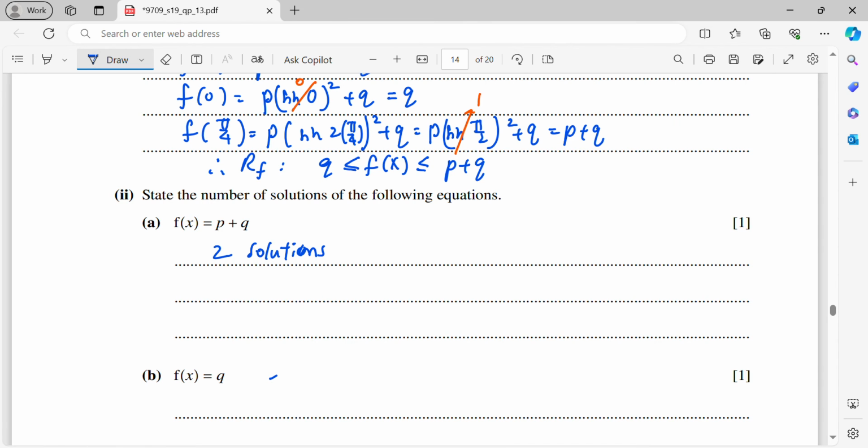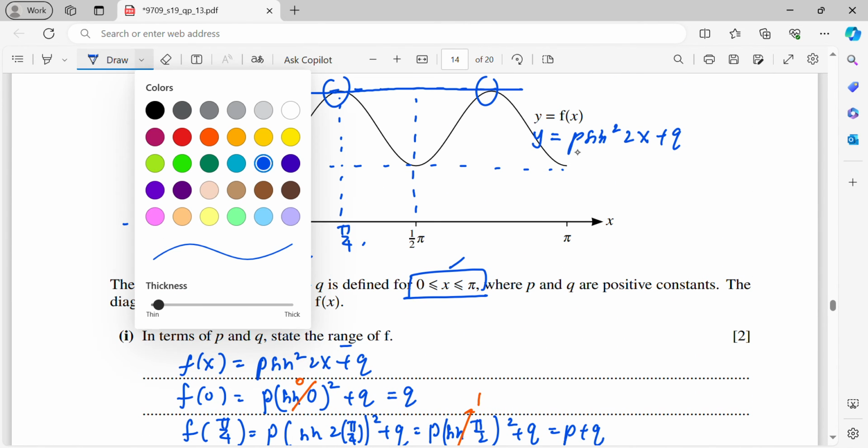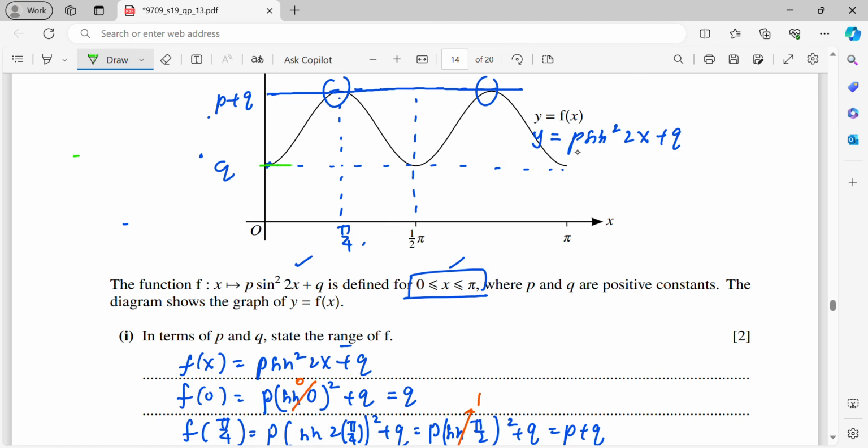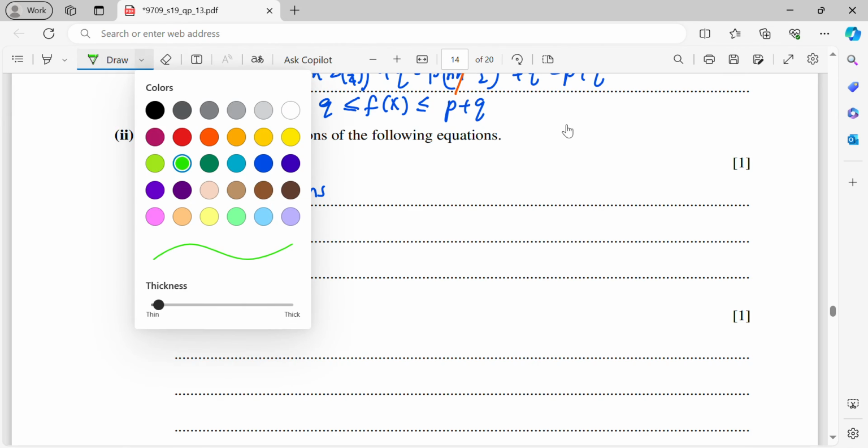When f(x) equals q, that is the lower line here. And there will be 3 solutions. Okay, so the line should just touch the curve. Alright. So I get 3 solutions.